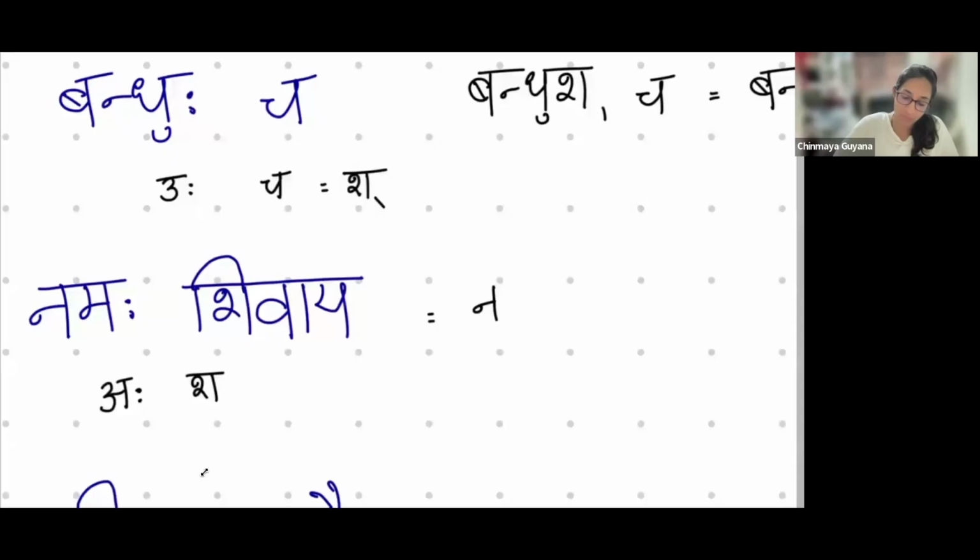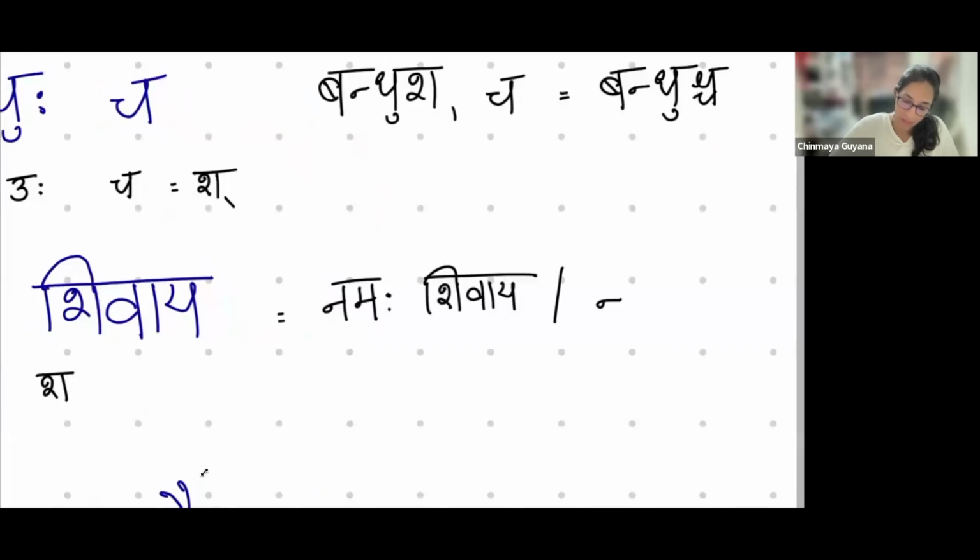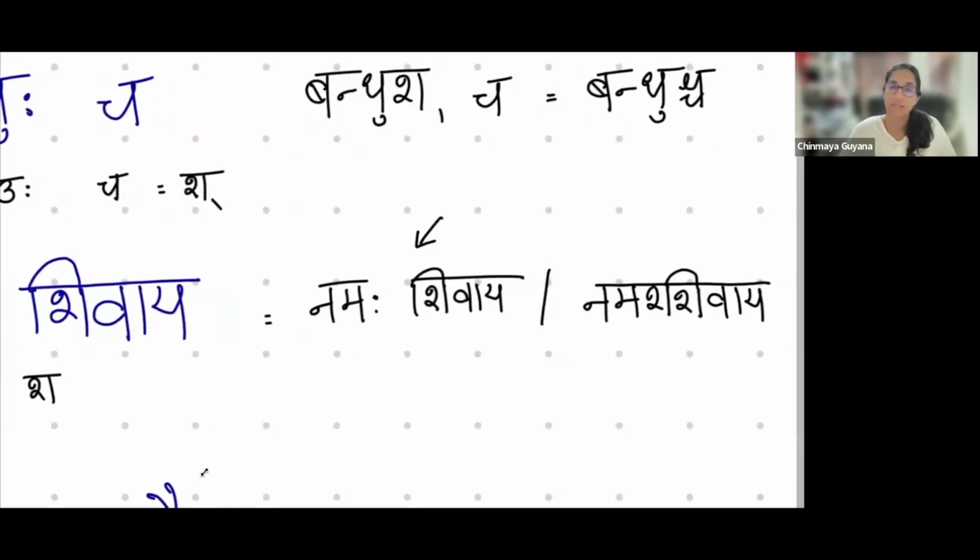So you can write both of them: Namaha Shivaya or Namah Shivaya. Most people will write it like this, Namah Shivaya.